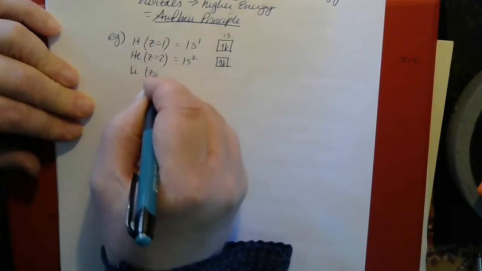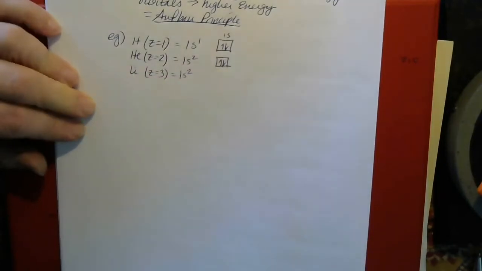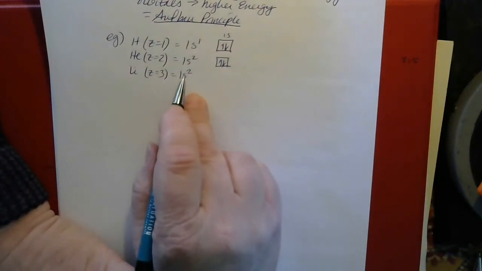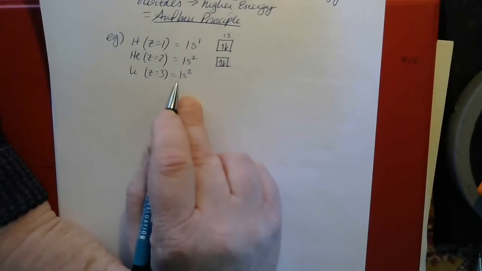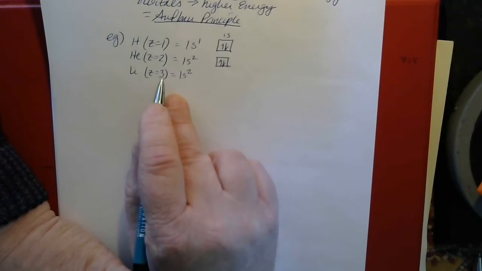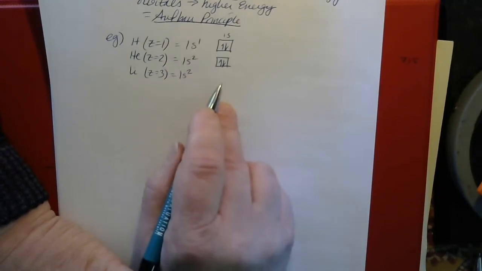Next, we would come to lithium with 3 electrons. When you get to 1s2 with 2 electrons, you've filled up the s orbital, and the s orbital is the only type of orbital that exists in the first shell. So you've also filled the first shell. The third electron ends up having to go into the lowest orbital in the second shell.